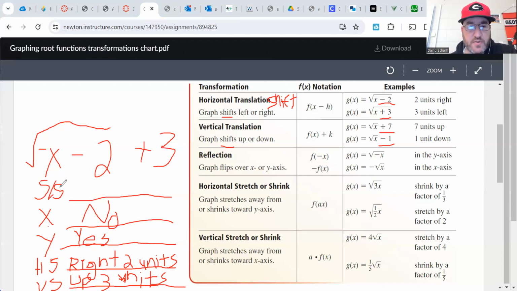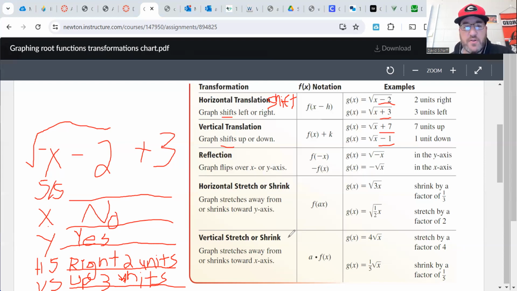Now, stretch or shrink. This one, there are 2 separate line items here in the chart, but I only have one here, okay? For this one, if you just look at a graph, I don't want to say impossible, but it is very difficult to tell if you have a horizontal stretch or shrink or a vertical stretch or shrink or some combination of the two, okay?